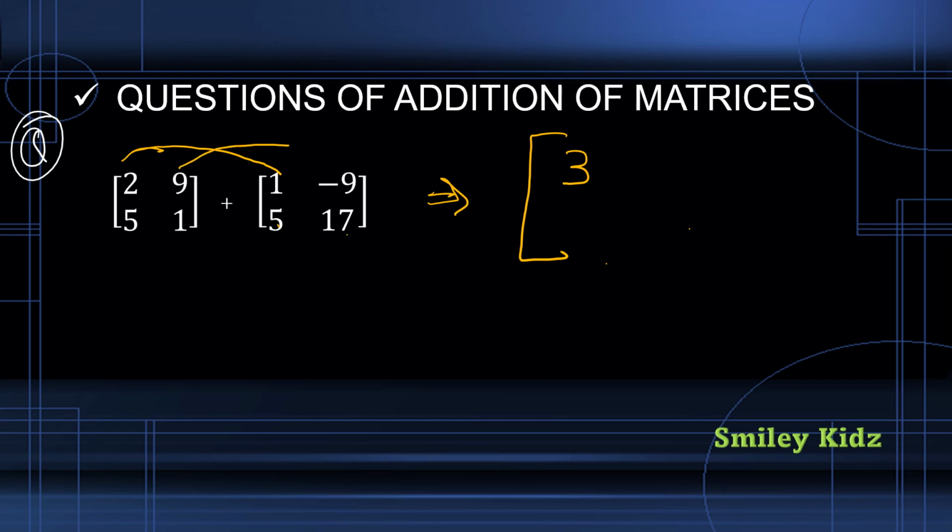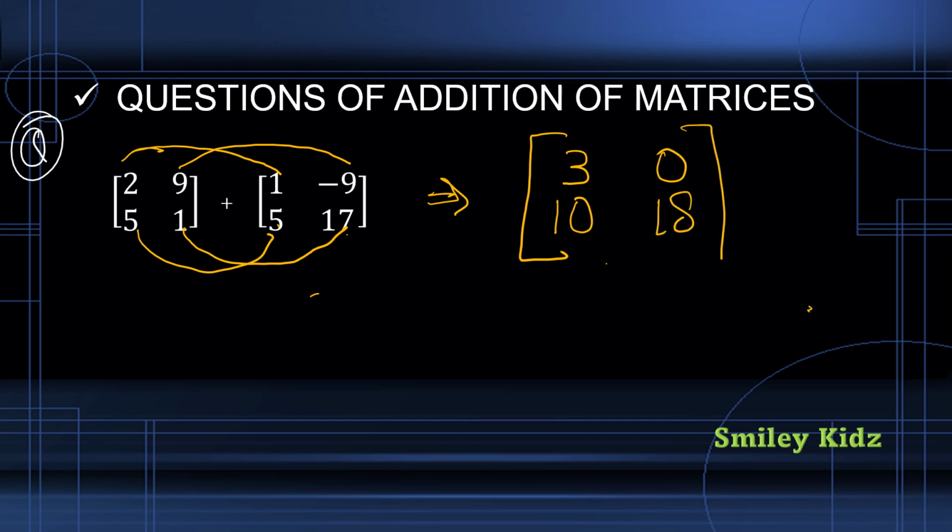Then you have 9 plus minus 9, which is 0. Then you have 5 plus 5, which is 10. And then you have 1 plus 17, which is 18. So this is how you're going to add two matrices. Here, the order of this matrix is 2 by 2 and this matrix is also 2 by 2. And that is why addition is actually possible for these two matrices.